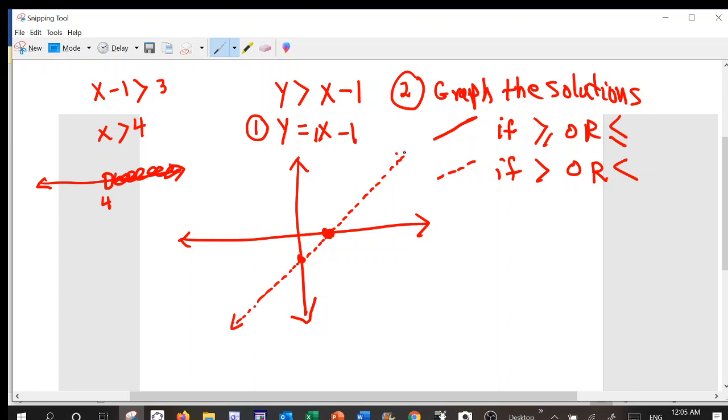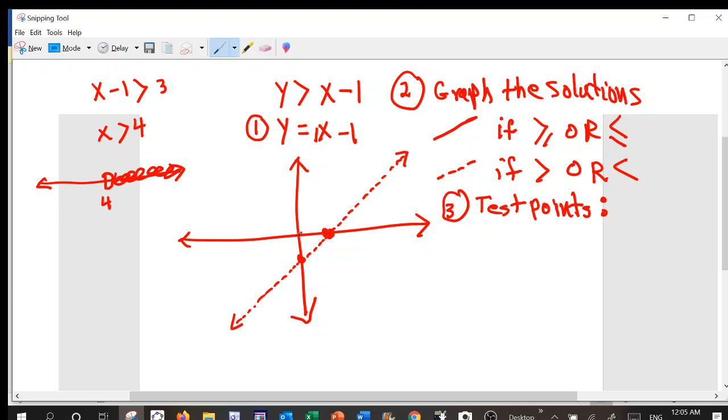Now notice that the line divides the plane into 2 parts. So step 3 is to test points. What do I mean by test points? That means you go to one side of this line.